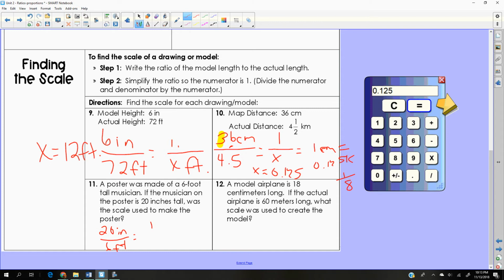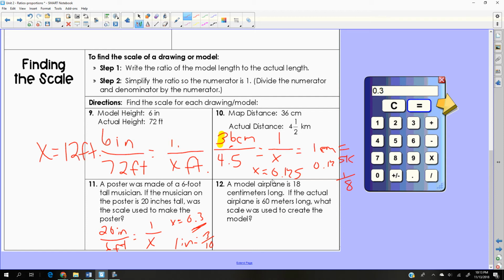So then we have 1, and we're solving for x. 6 divided by 20 is 0.3, so x equals 0.3. So that means that 1 inch equals 3/10, because 0.3 is 3/10.